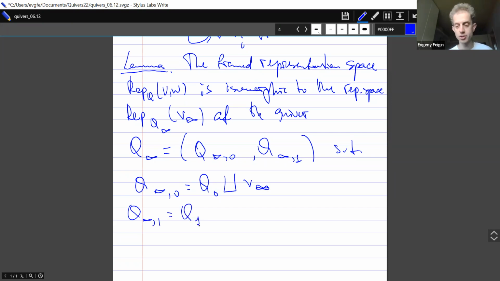So all the arrows which are present in Q are still contained in Q∞.